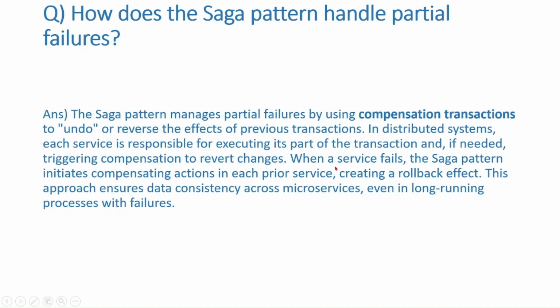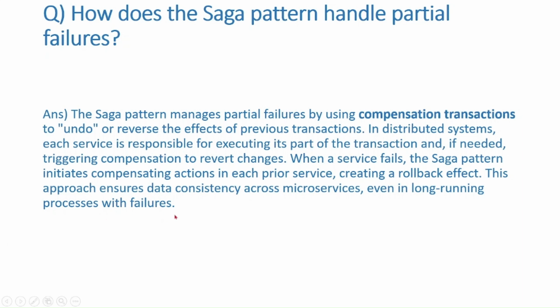When a service fails, the Saga pattern initiates compensation actions in each prior service, creating a rollback effect. This approach ensures data consistency across microservices even in long-running processes with failures.